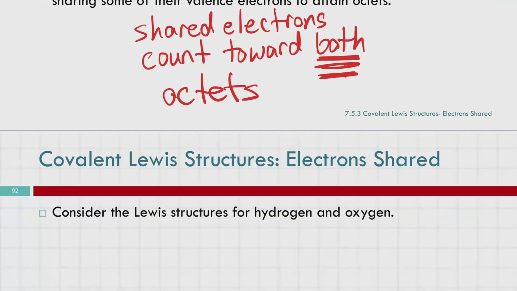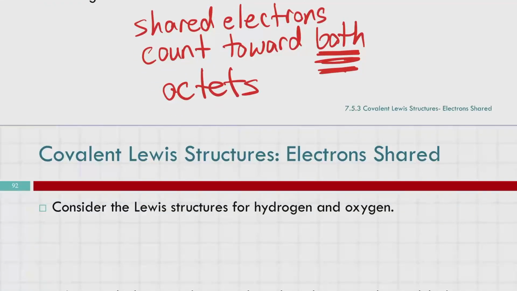Consider the Lewis structures for hydrogen and oxygen. Hydrogen has 1 electron. Oxygen has 6.